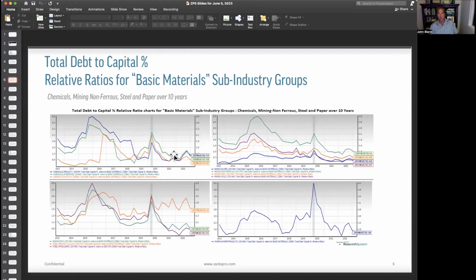Total debt to total capital. You don't want to have a lot of debt. I just want to point out a lot of these groups were piling up the debt, outside of paper, which of course had its own issues because of the shutdown. Over here, you can see the chemical producers and the steel producers really unloading their debt well before the recession. So there was already tightening of their business models well before the recession.